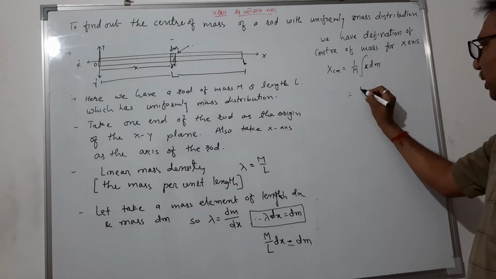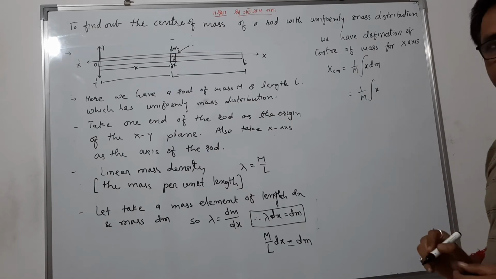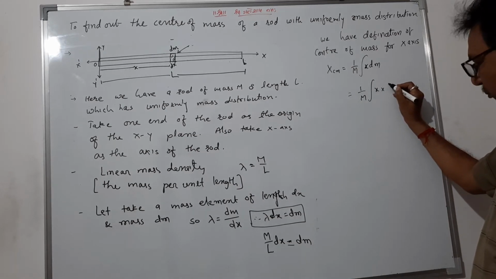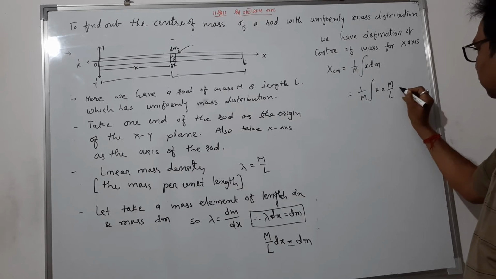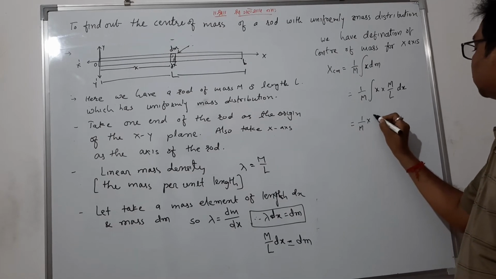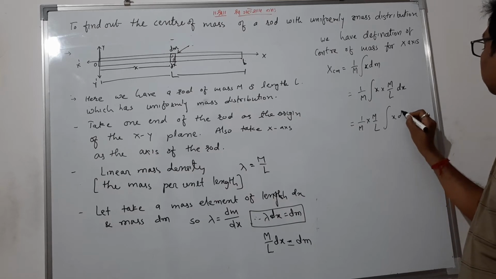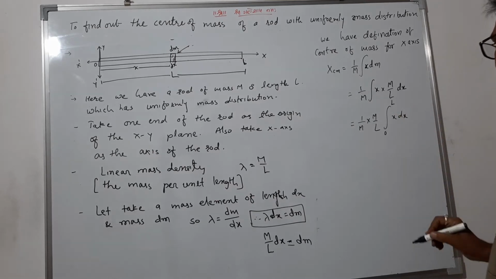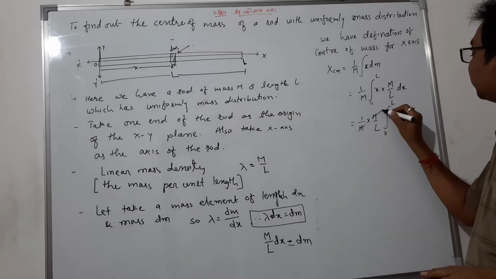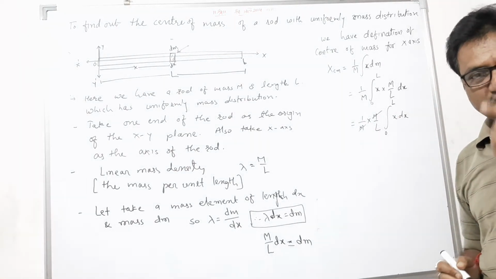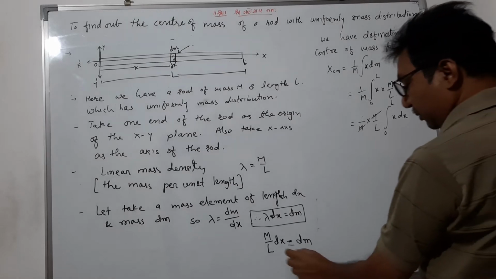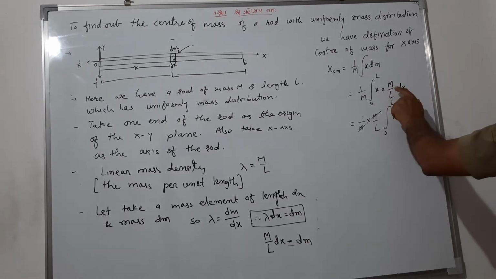So 1 upon m x dm, but the value of dm is m upon L into dx.